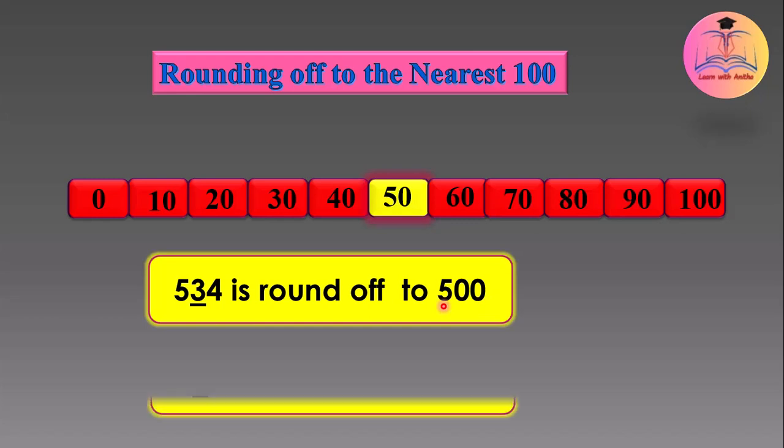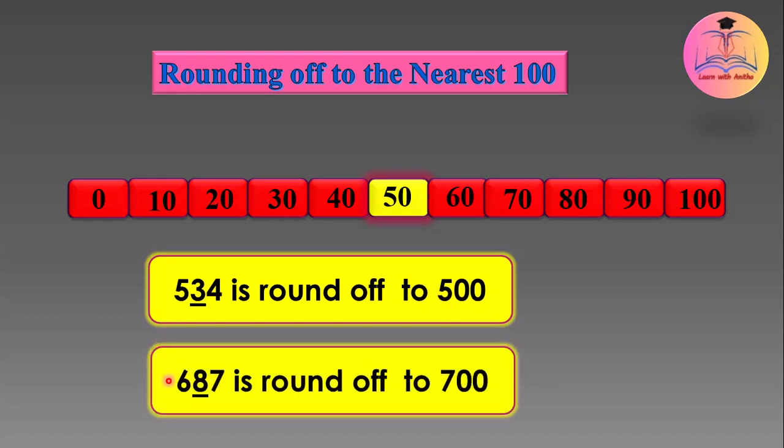We'll see one more example. 687. See here, 87 is between 80 and 90. Where is the number? Somewhere here, between 80 and 90. So 87 is rounded off nearest to 100.